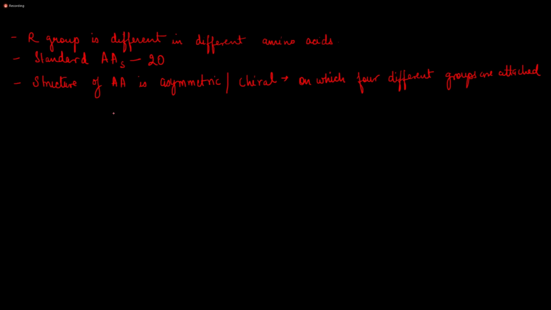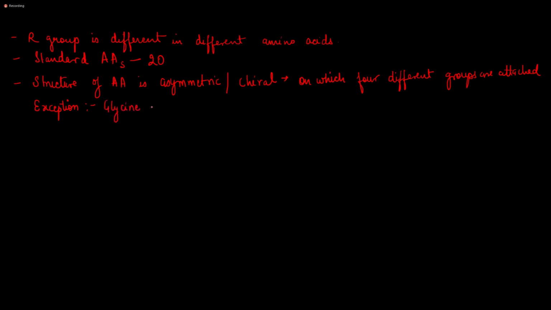Now, is this true for all the 20 amino acids? Mostly it is true, but there is one exception. There is one amino acid which does not have an asymmetric structure or a chiral carbon, and that is glycine.